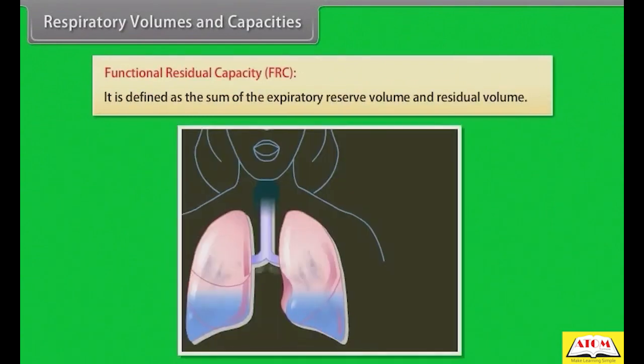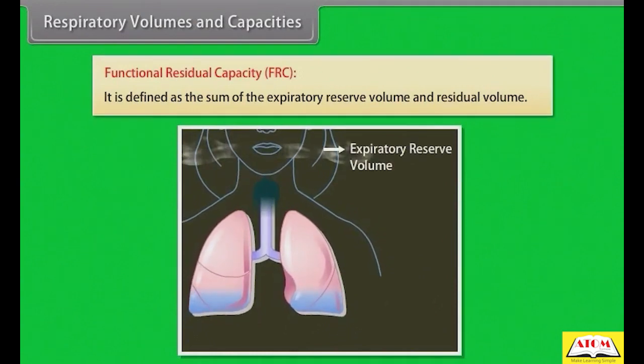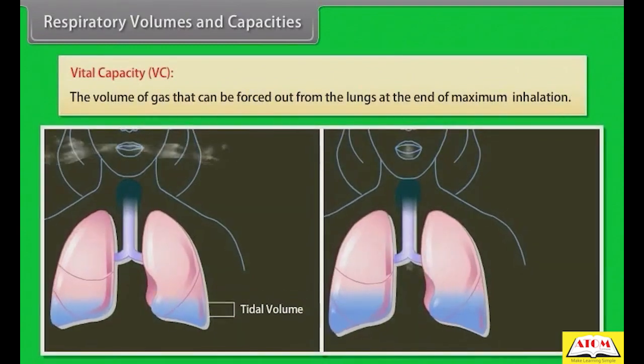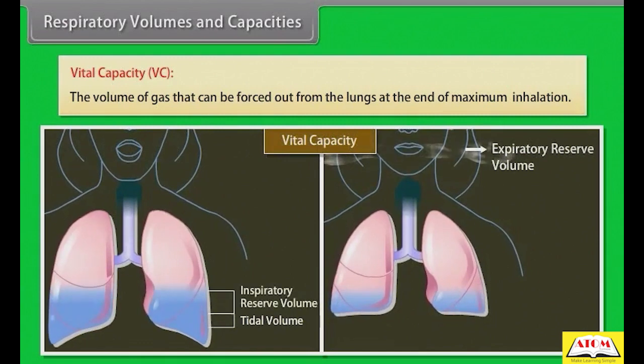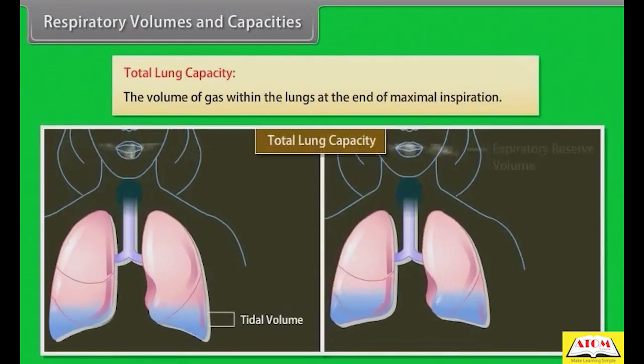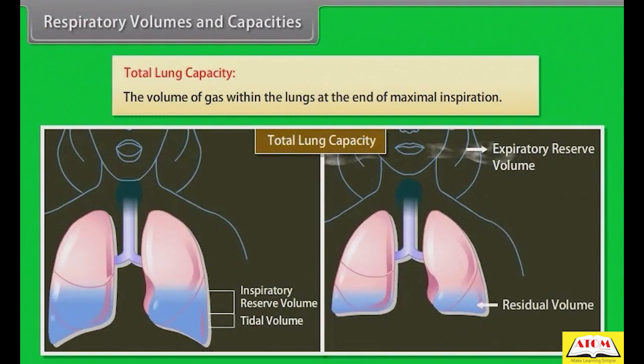It is defined as the sum of the expiratory reserve volume and residual volume. Vital capacity, VC. The volume of gas that can be forced out from the lungs at the end of maximum inhalation. Total lung capacity. The volume of gas within the lungs at the end of maximum inspiration.